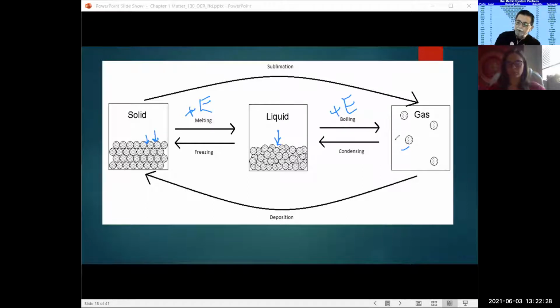And when we add energy into the system, we're breaking up that interaction. Now, if we take energy away from the system, those molecules come together because there's less excitement. Anytime you put energy into a system, you excite the molecules.